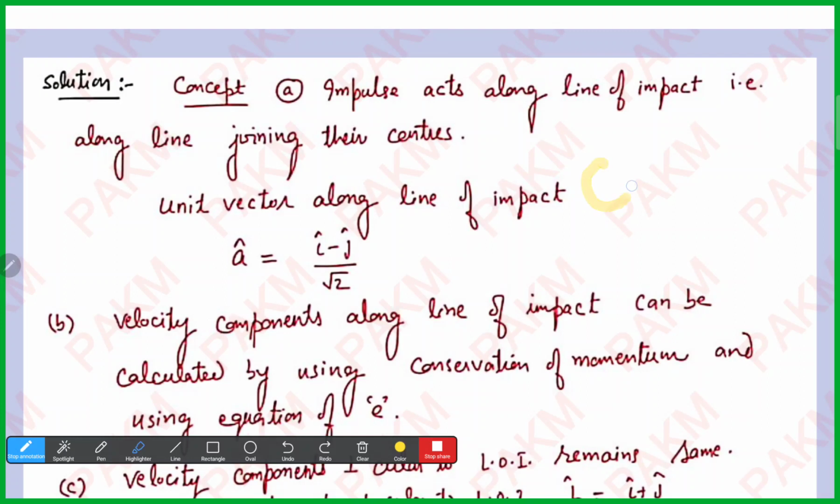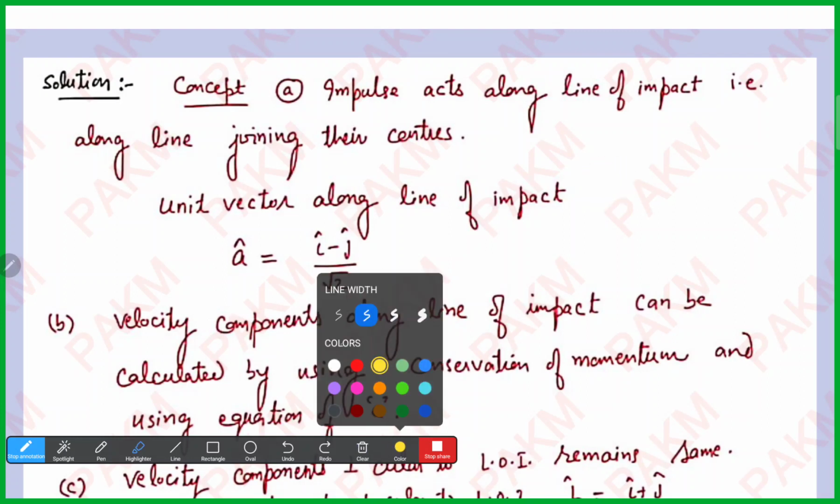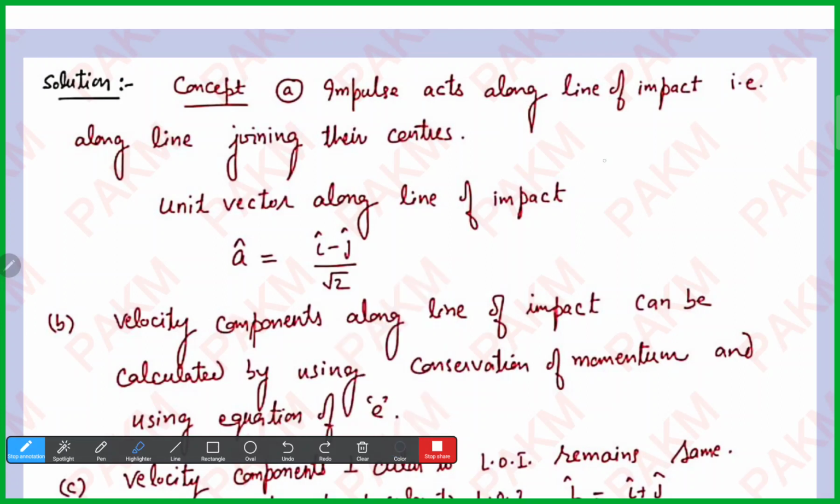Here you can see this is a central line, and whatever velocity is going to be changed is along the central line. And there is one line that is perpendicular to the line of impact. So the perpendicular direction velocity won't change. Velocity will not change in the perpendicular direction. This is called the line of impact.